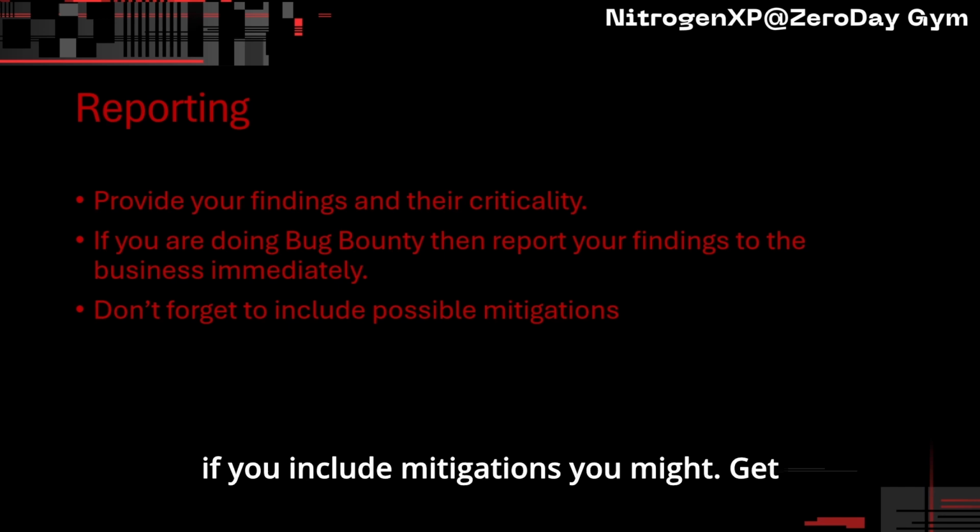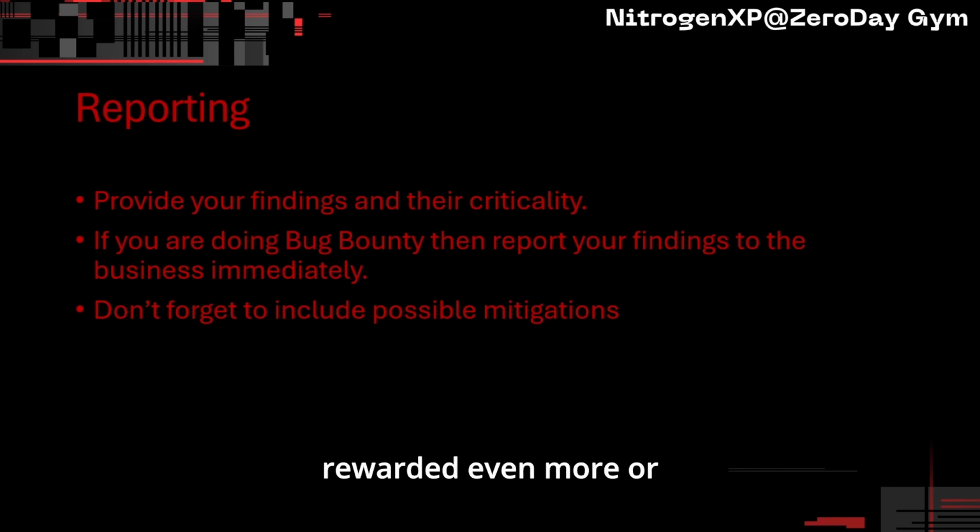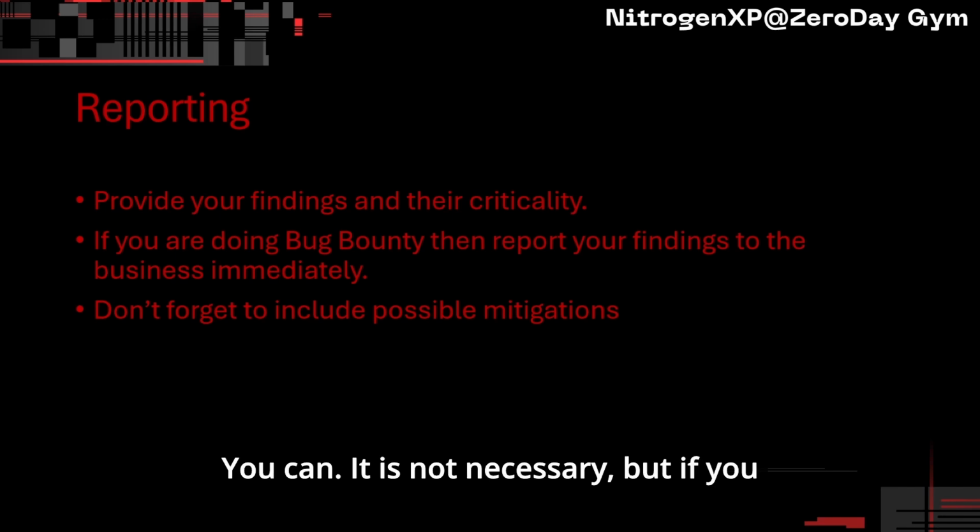If you include mitigations, you might get rewarded even more, or the company might like you more. It is not necessary, but if you do that, then you might receive a higher bounty.